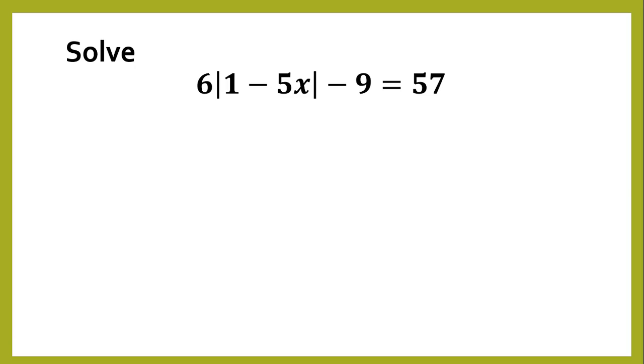Let's solve one more. So again, we have to isolate the absolute value. Feel free to pause the video and work it out on your own, and then restart it to check your work. So I'm going to add 9.